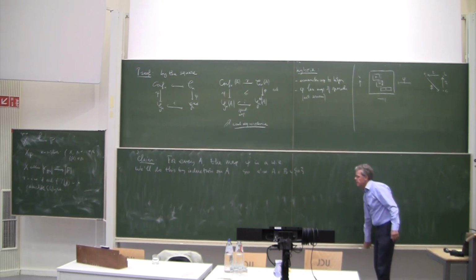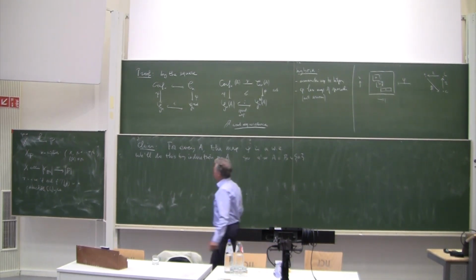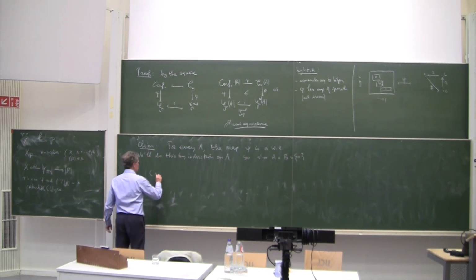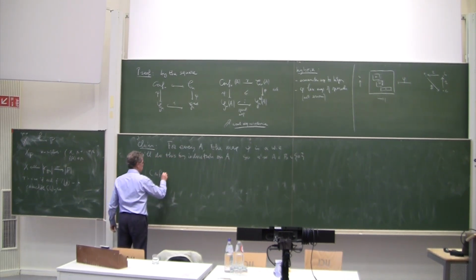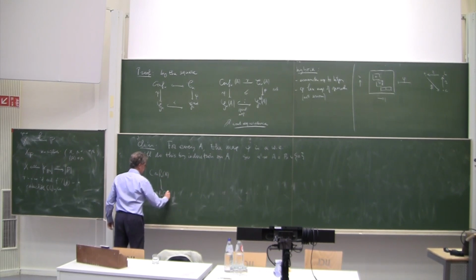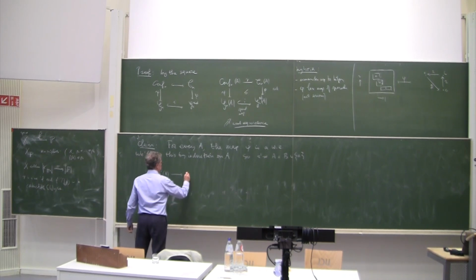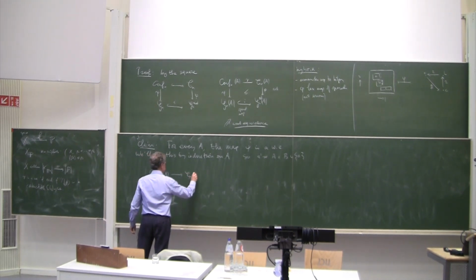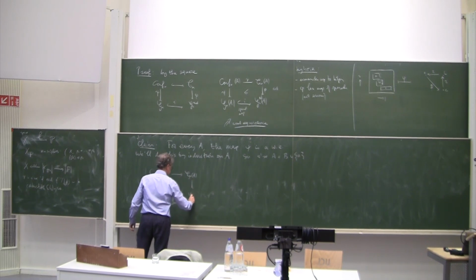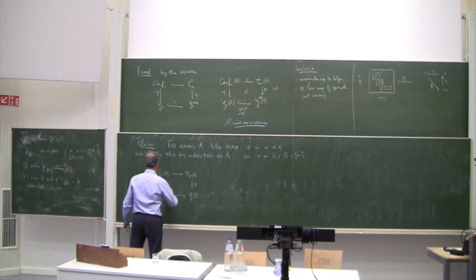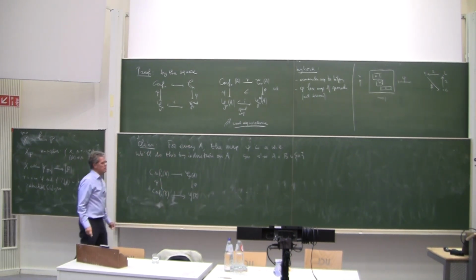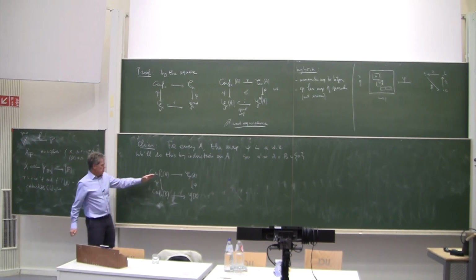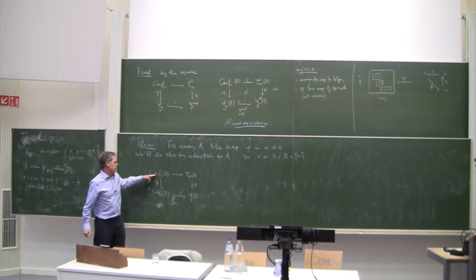Then I'm going to draw a diagram of which at least one part should be familiar to you. So, just to repeat, this is a configuration of A many points.